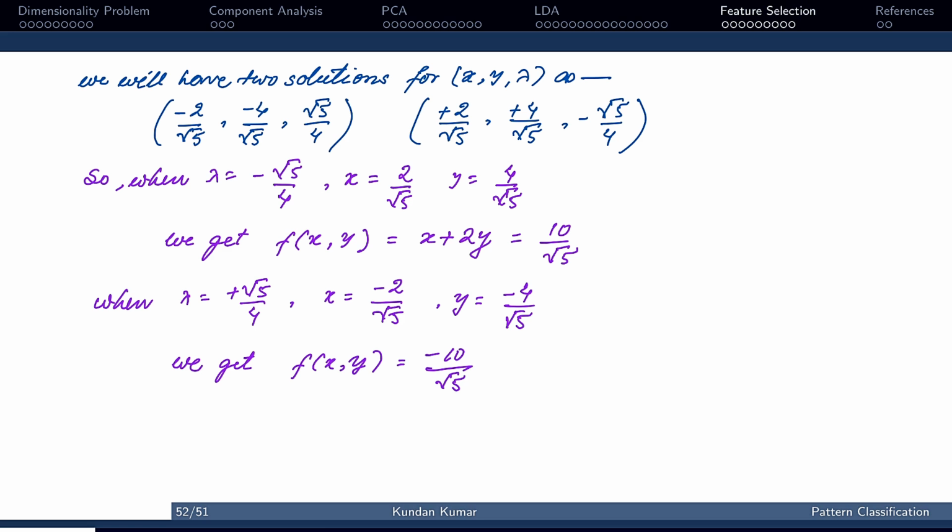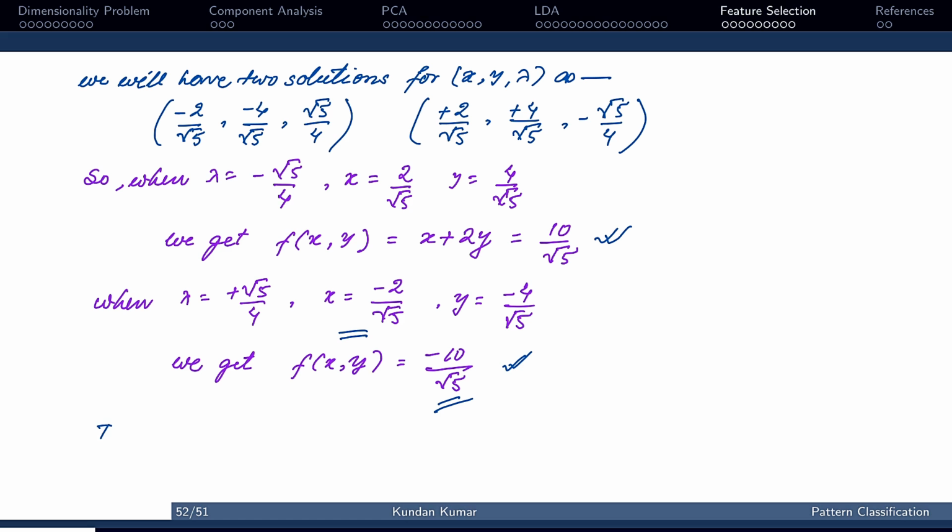So here this problem was the minimization problem, and we can observe that the f(x, y) value is minimum for x equal to minus 2 by root 5 and y equal to minus 4 by root 5.